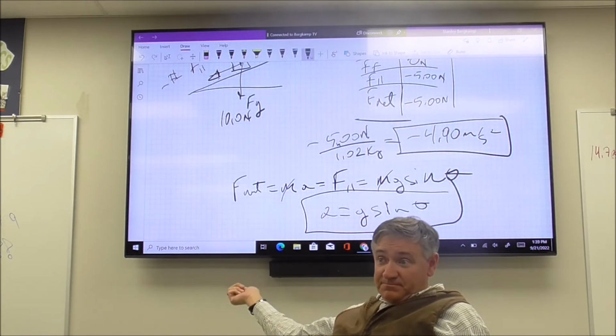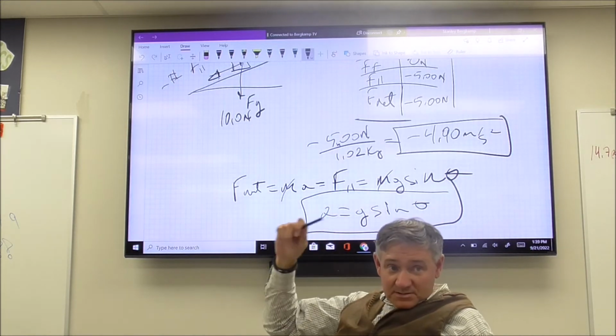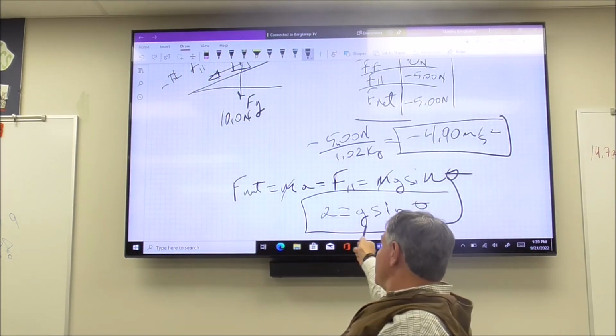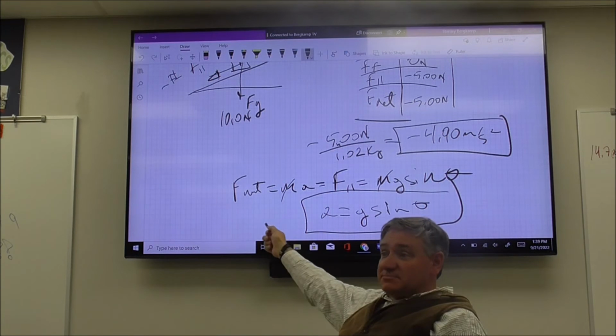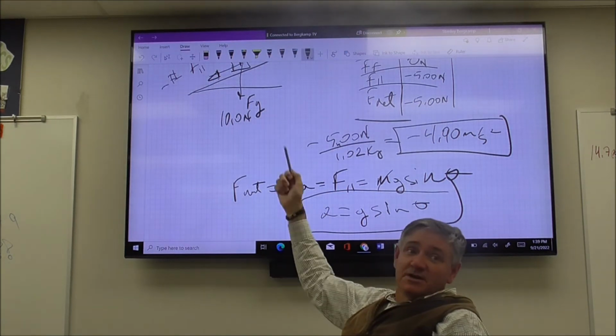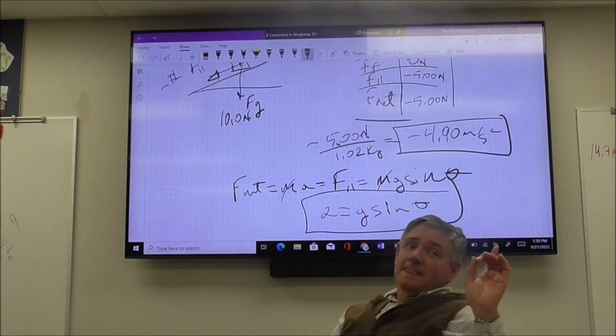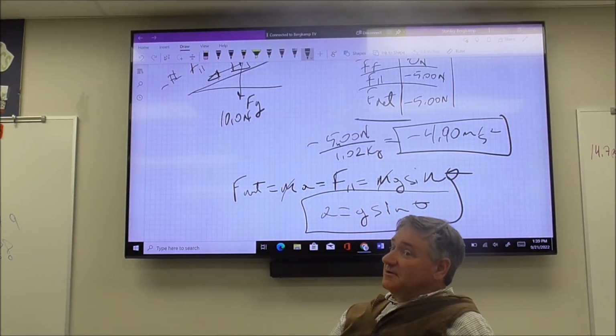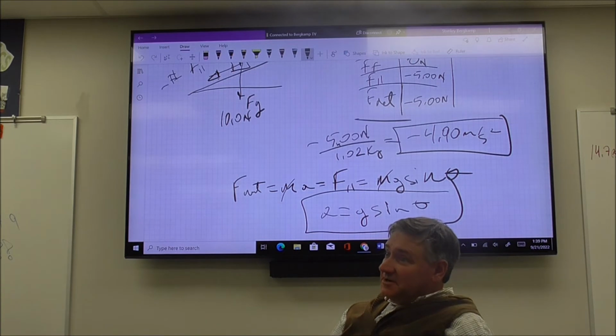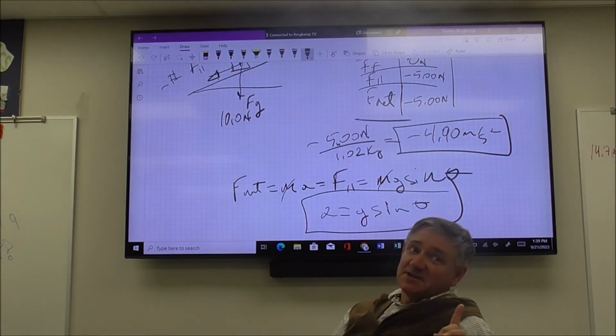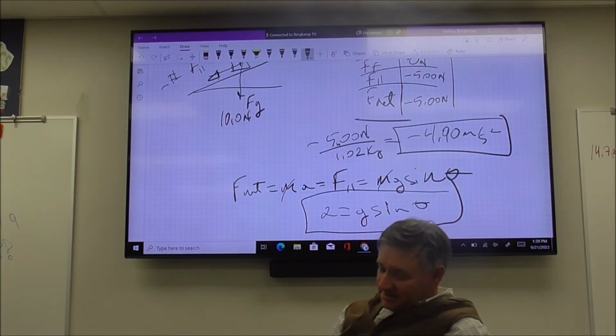This is where it comes from, okay? The idea that your force parallel is the only force. So if you take 9.8 meters per second squared times the sine of 30 degrees, you're going to get that 4.9. So this is a handy shortcut, and it's a cool trick, but use it sparingly, because it only works if there's no other forces acting on this thing.